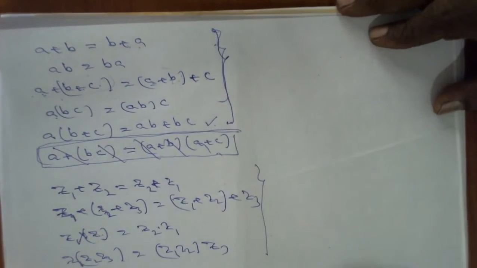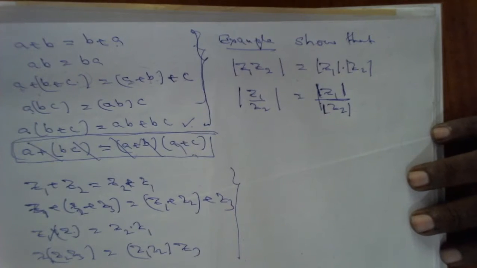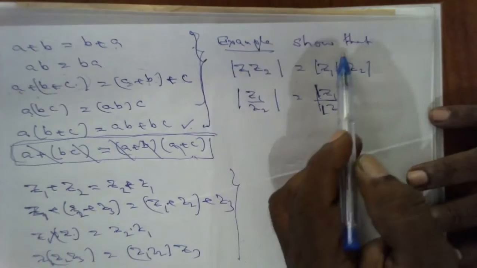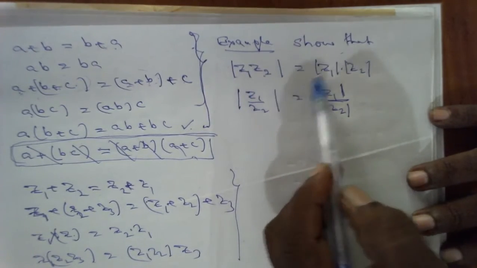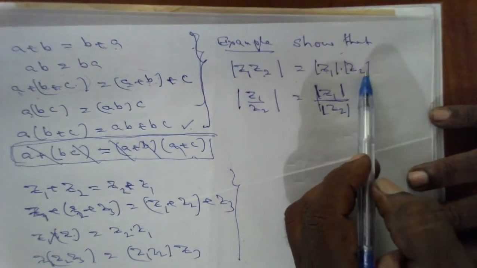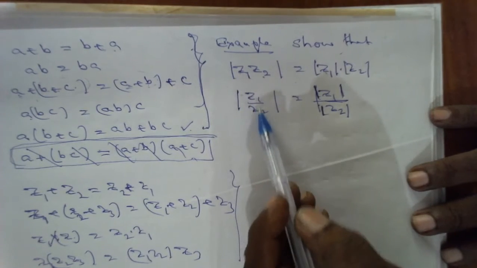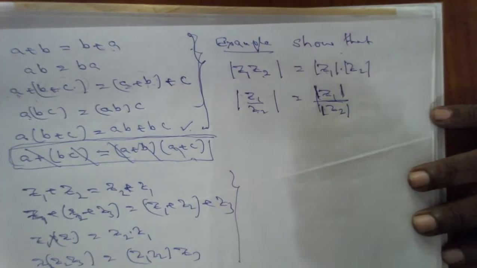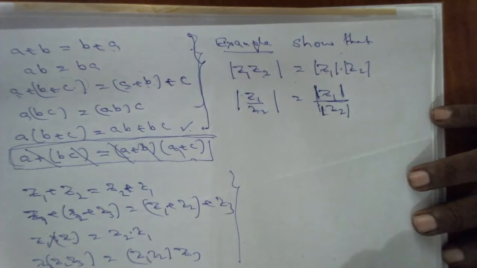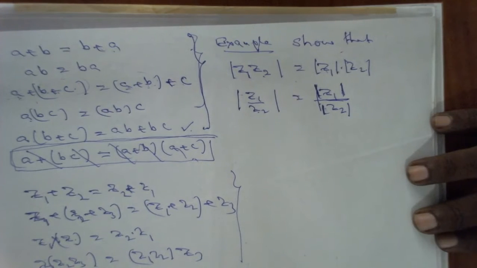Then, can you prove this one? The modulus of C1 C2 equals the modulus of C1 times the modulus of C2. The modulus of C1 over C2 equals the modulus of C1 over the modulus of C2. Can you prove this one? Okay, sir.